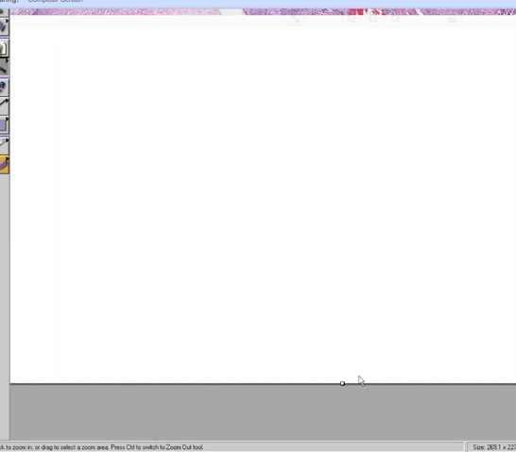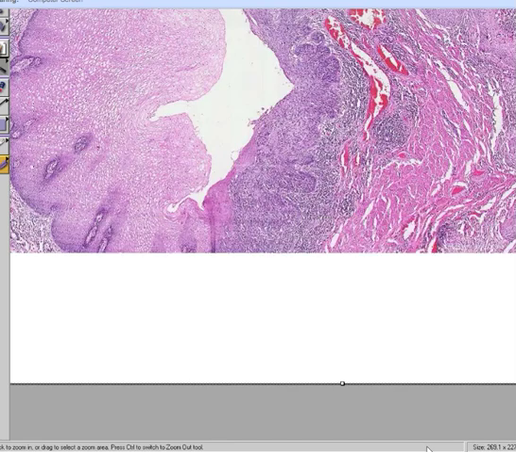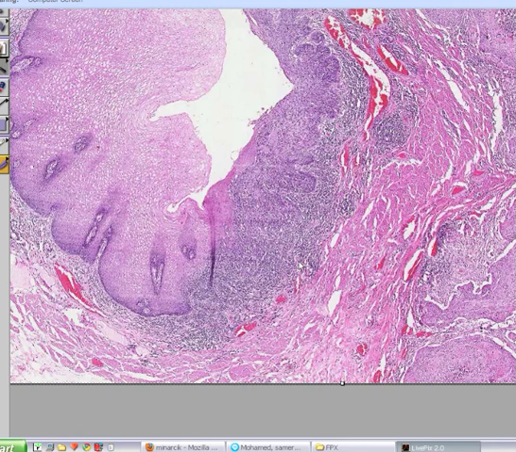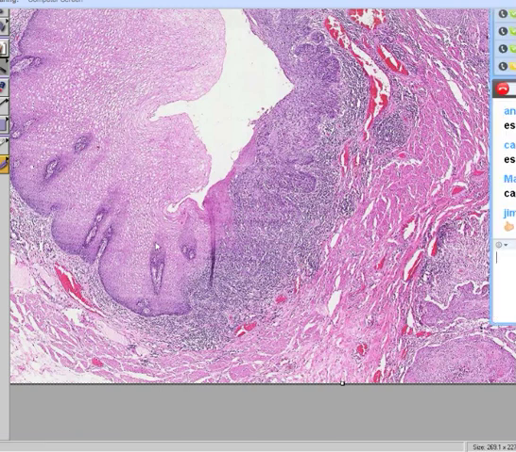I'm going to blow it up another notch or two. So here we are. This whole left side of the screen is a normal squamous mucosa. Maybe there's a little bit of inflammation in the subepithelial connective tissues or submucosa.